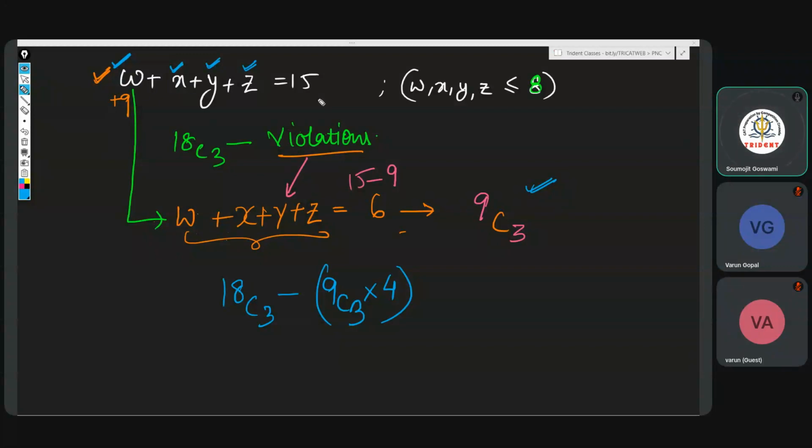Basically, this 9 that I have taken out can be given to any one of the 4 among X, Y, Z, W, right? And this is the final answer. This is absolutely correct. Look at this and ask any question if you have.